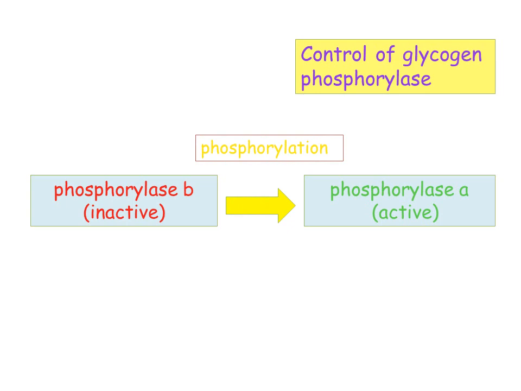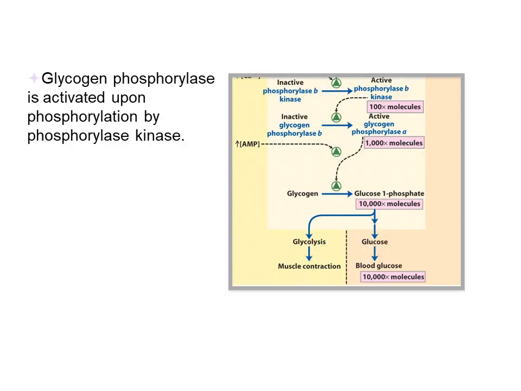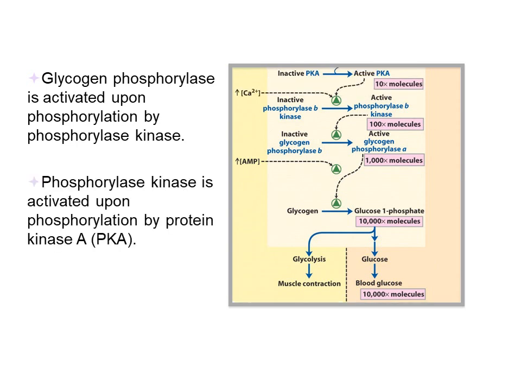What is phosphorylation? Conversion of the inactive phosphorylase into active phosphorylase is known as phosphorylation, and then that activated phosphorylase leads to glycogen breakdown. Glycogen phosphorylase is activated upon phosphorylation by phosphorylase kinase.